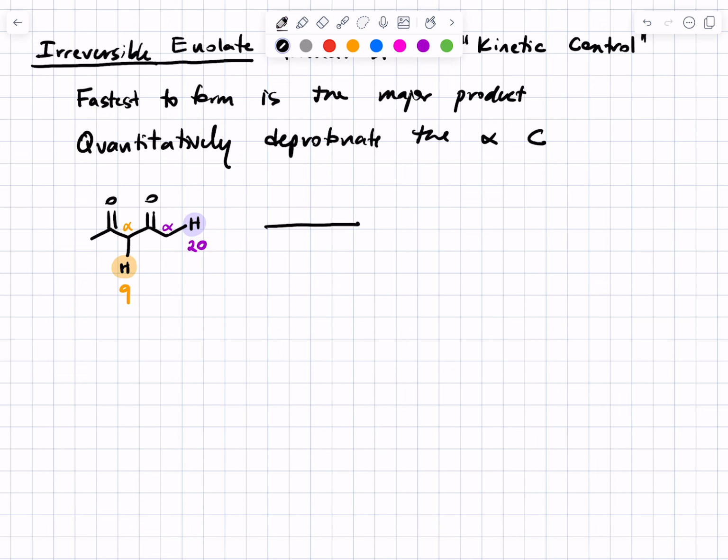And if you use OH minus as a base, it is fastest and most stable to remove the orange alpha proton. I guess we should draw the purple enolate, which I'll draw in this form. And that happens just comparing the pKa's.